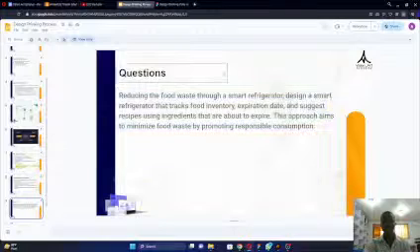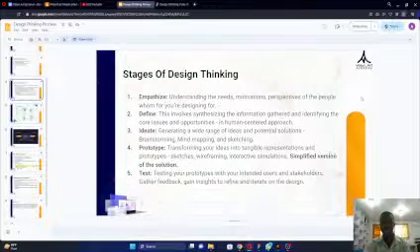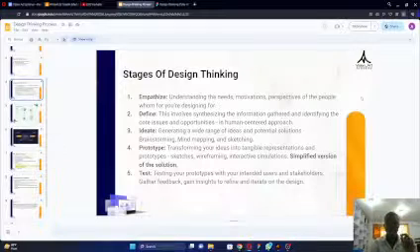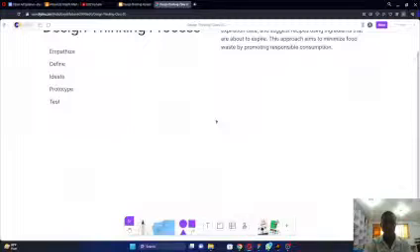Like we said, the design thinking process starts with understanding the needs, motivations, and perspectives of the people whom you are designing for. Now what's the problem we want to solve? How to reduce food waste by creating a smart refrigerator that can track the food inventory, expiration date and suggest recipes using ingredients that are about to expire.